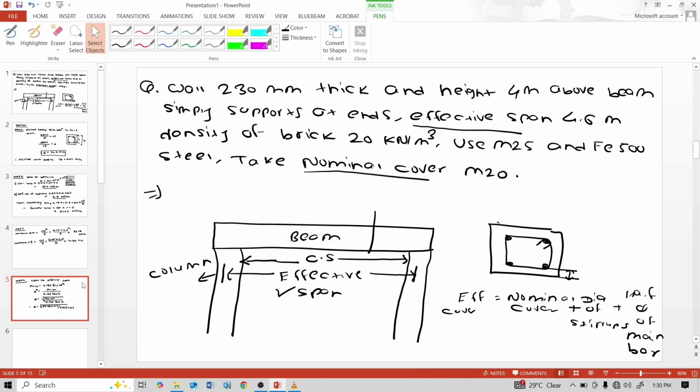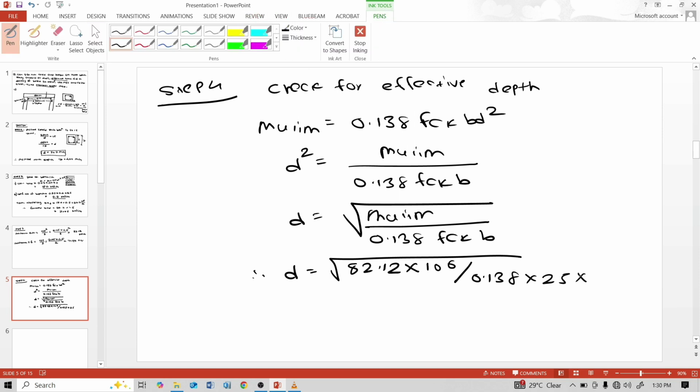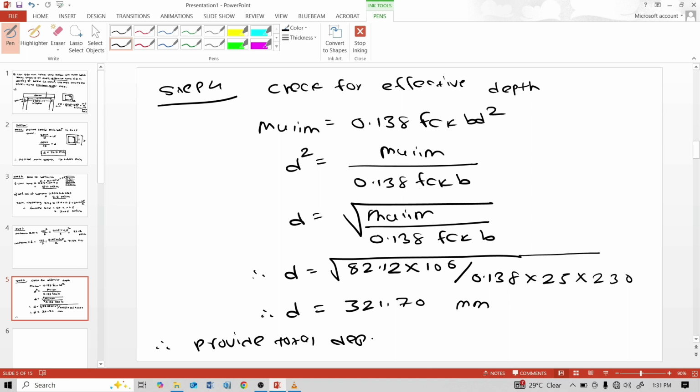And b is 230, width of beam. d equal to, we get value 321.70 mm. Therefore, provide total depth capital D equal to 400 mm.